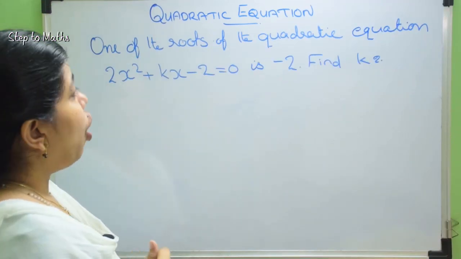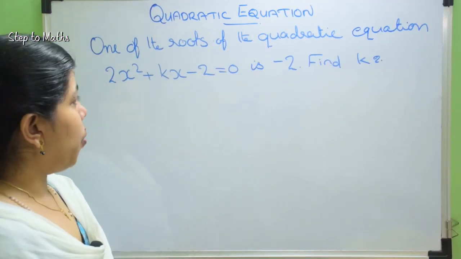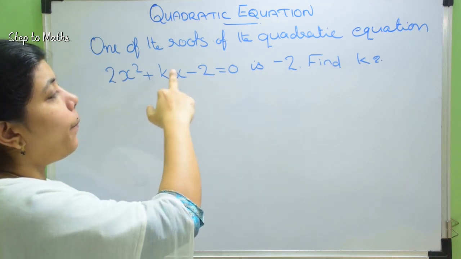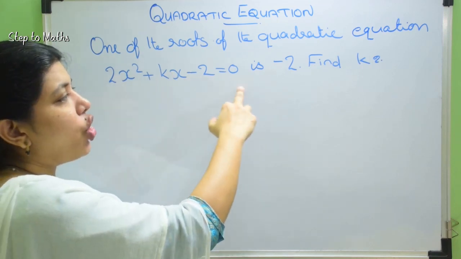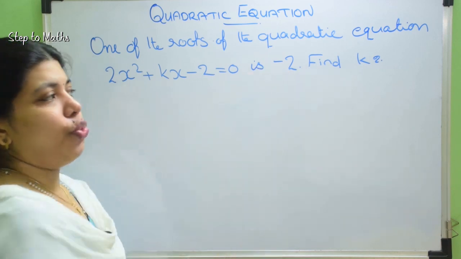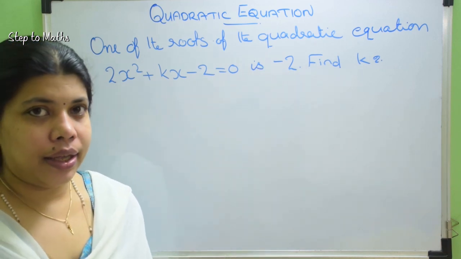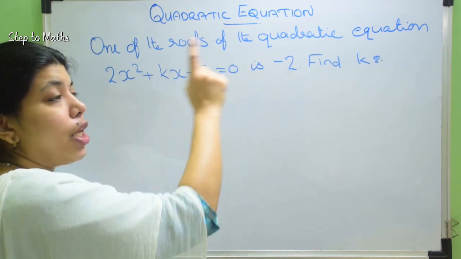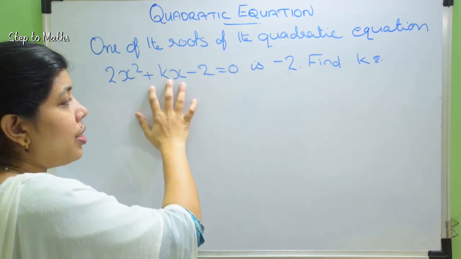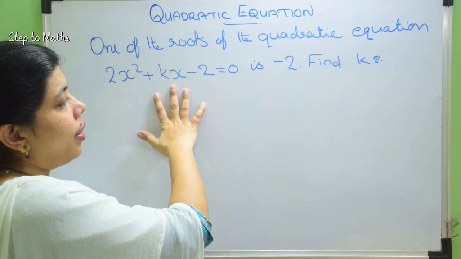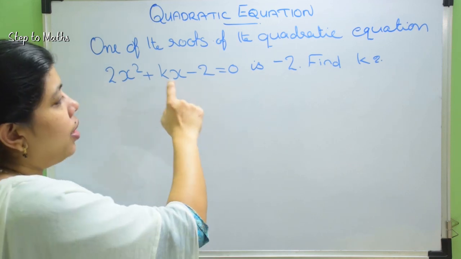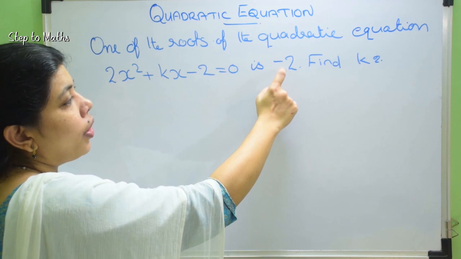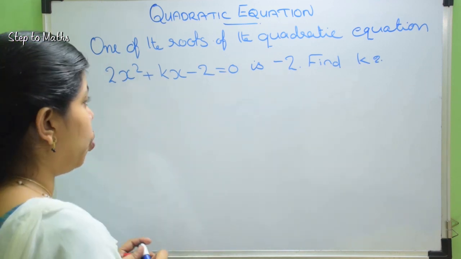Next question. One of the roots of the quadratic equation 2x square plus kx minus 2 is equal to 0 is minus 2. Find k. If minus 2 is a root of this quadratic equation, that means it satisfies the value minus 2.